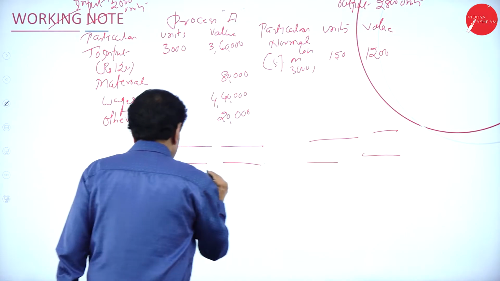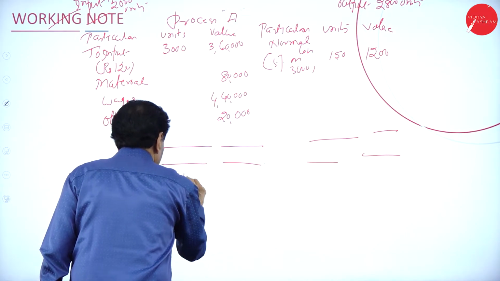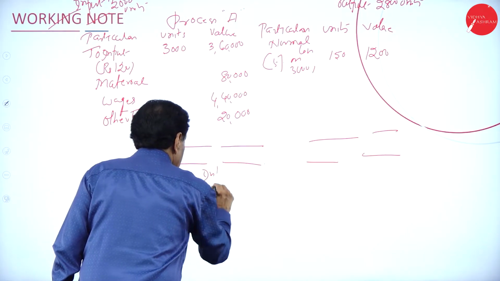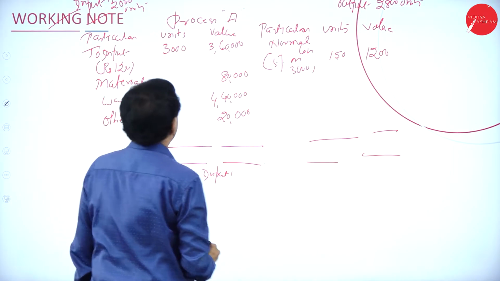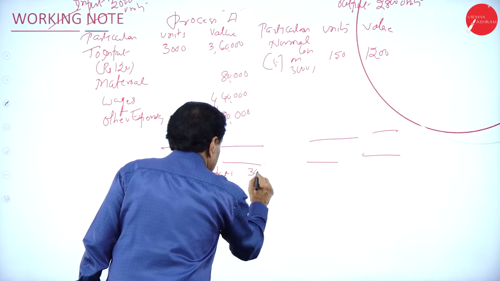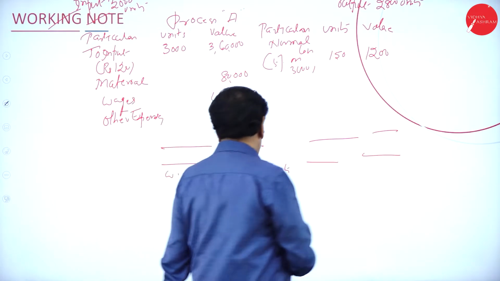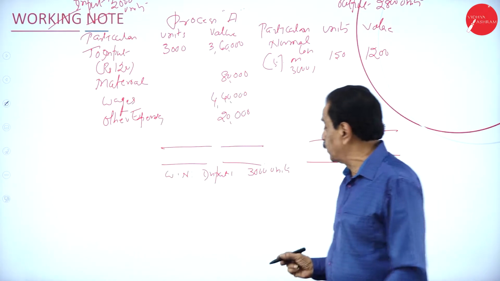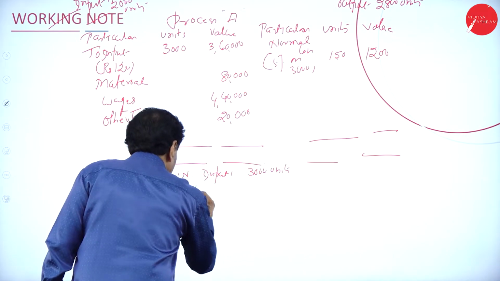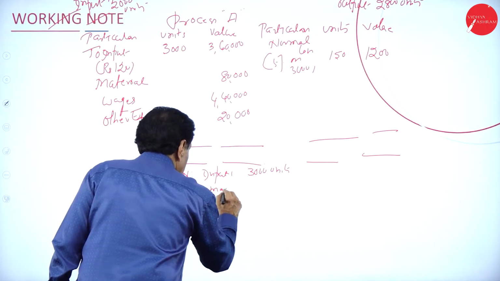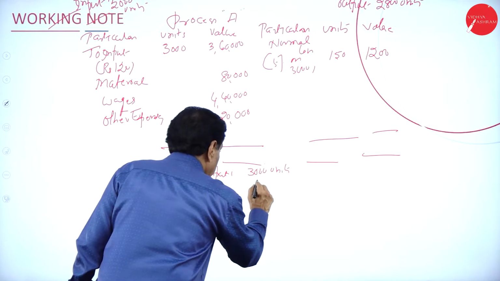Here, you close this. In working note, input 3000 units. Your input is 3000 units minus normal loss 150.